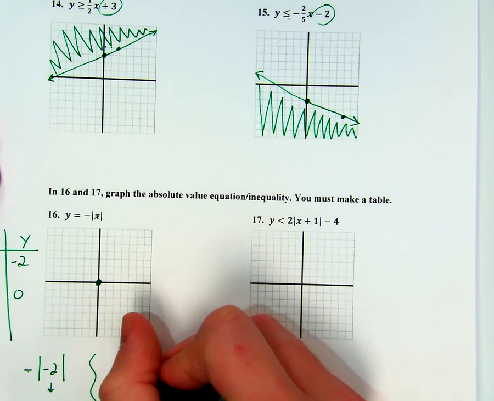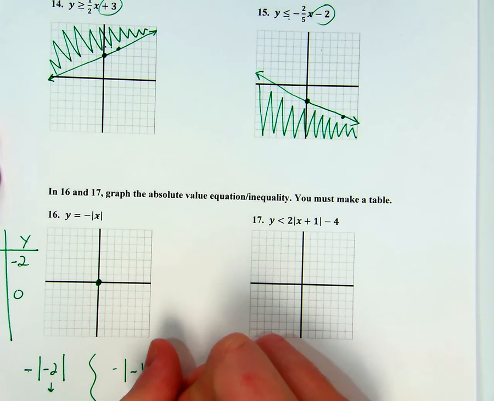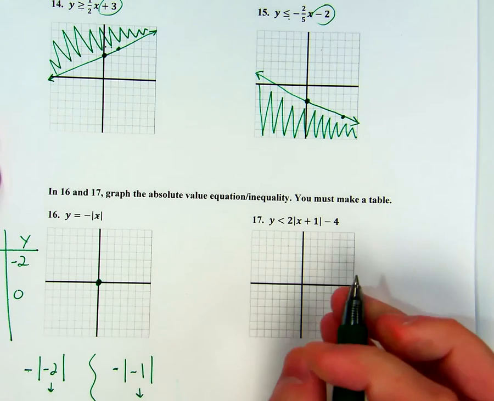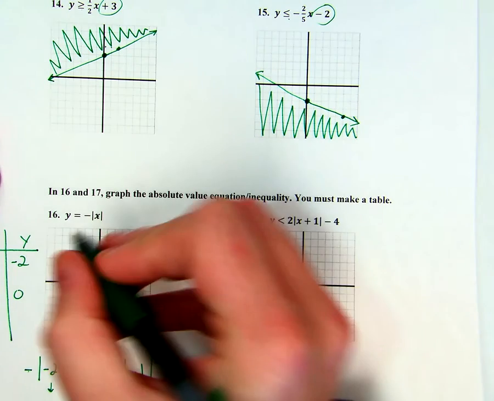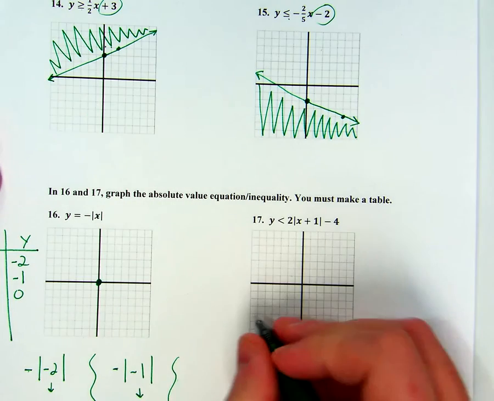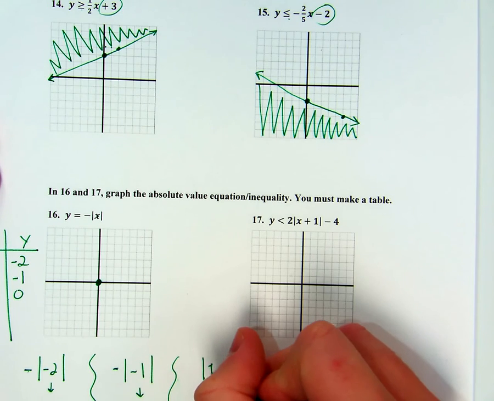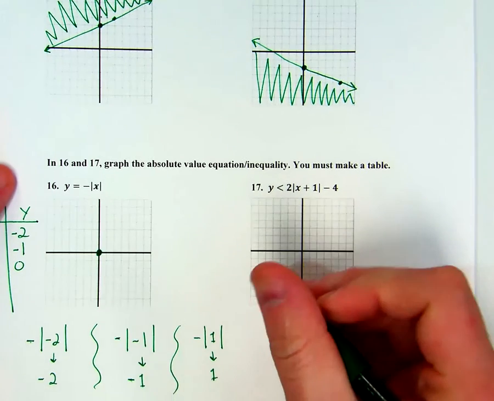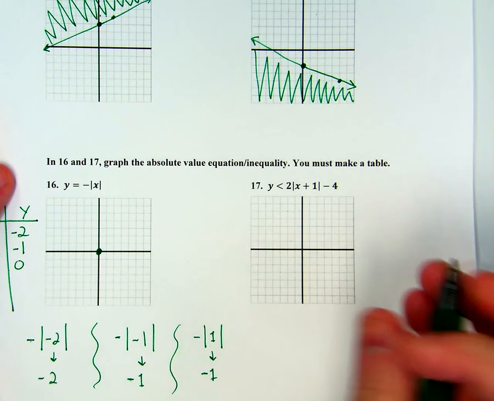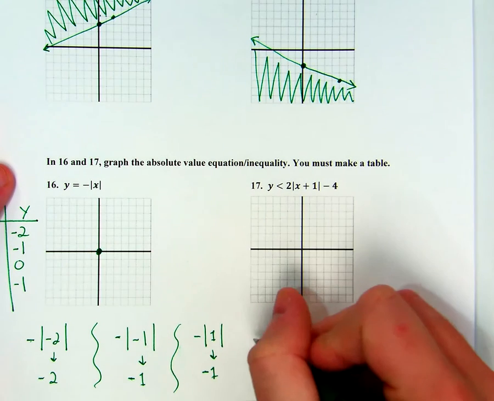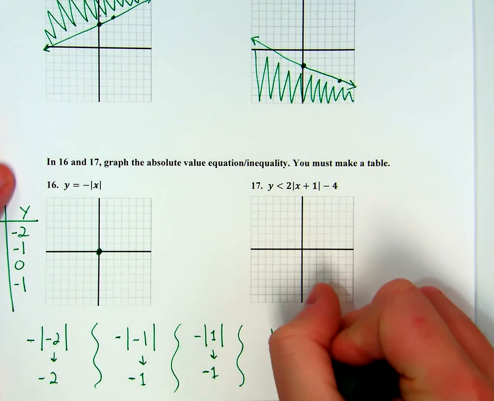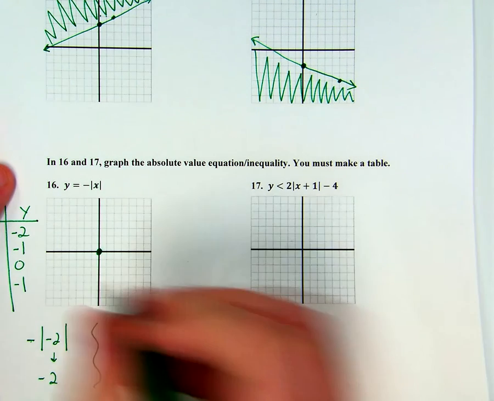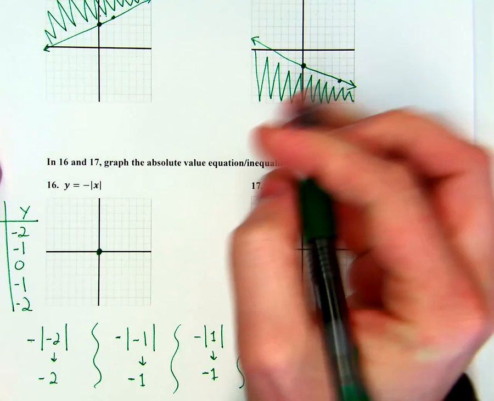The absolute value of negative 1 is 1, and when you bring down the negative sign, it makes it negative 1. So if x is negative 1, y is negative 1. The absolute value of 1 is 1. So if we bring down the negative, it makes it negative 1. And the absolute value of 2 is 2. So if you bring down the negative, negative 2.